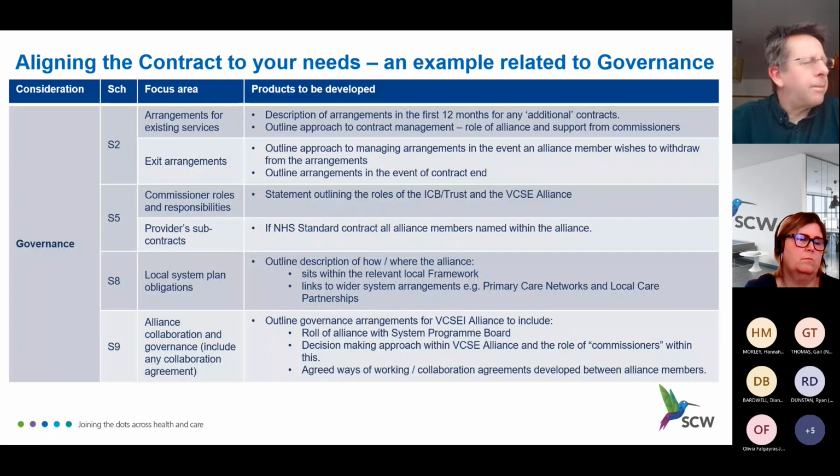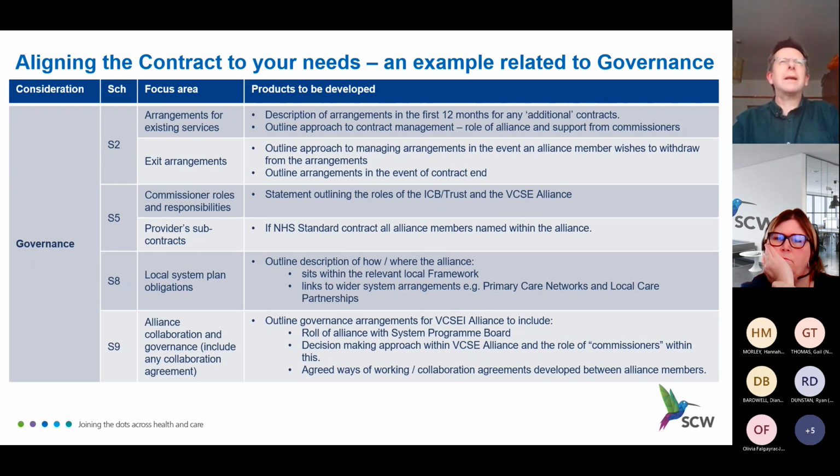So for those of you who are familiar with the NHS contract, here is a slide now on how, by using the governance that could be built into the contract, amendments could be made to complement working with multiple organisations around an alliance style agreement.